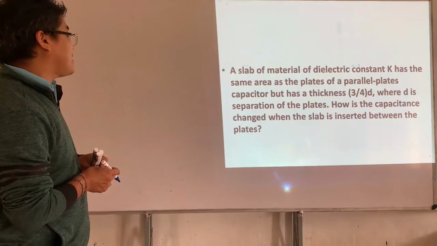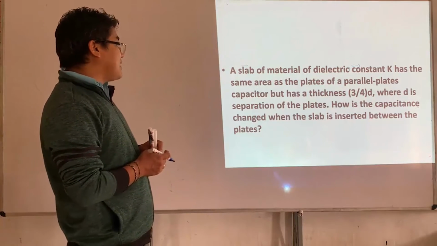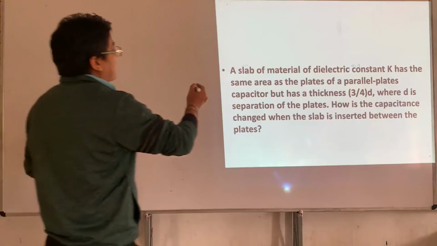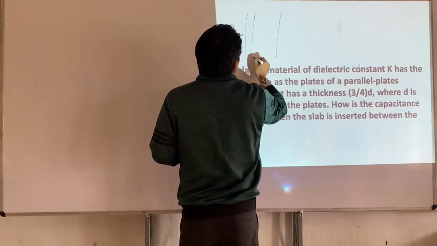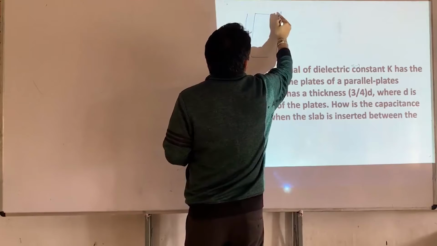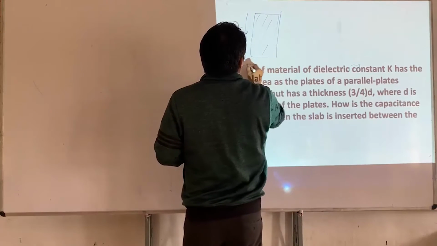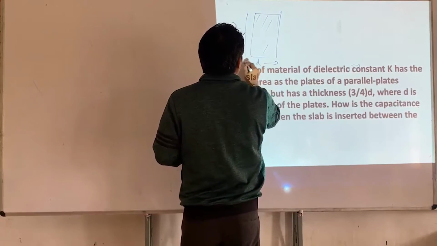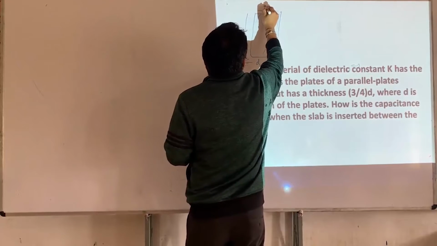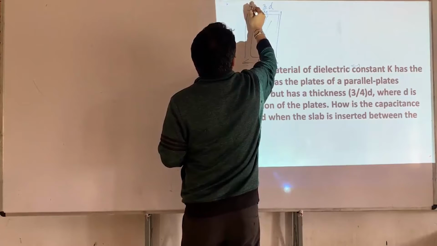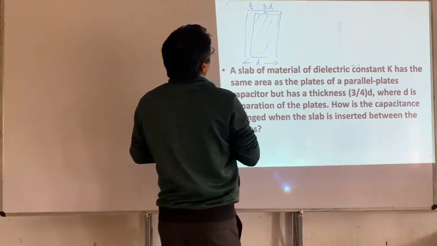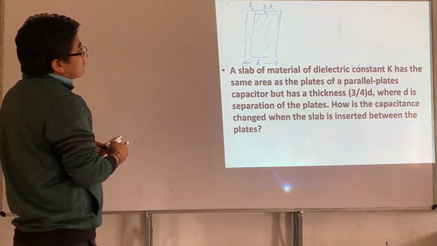How is the capacitance changed when the slab is inserted between the plates? So this is something like this. I have a capacitor, and I insert this slab, and this space is D, and this distance is 3 by 4 D, and this distance is D by 4. This is what I have.